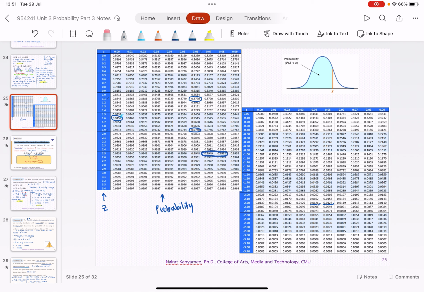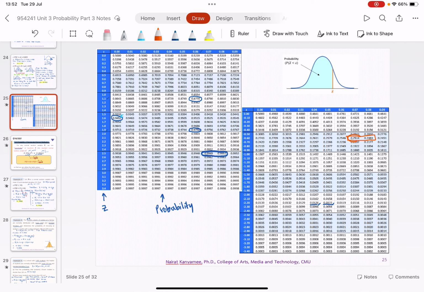Where is it at? 0.25 lies between these two values.